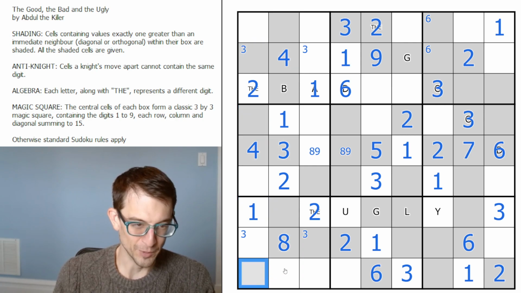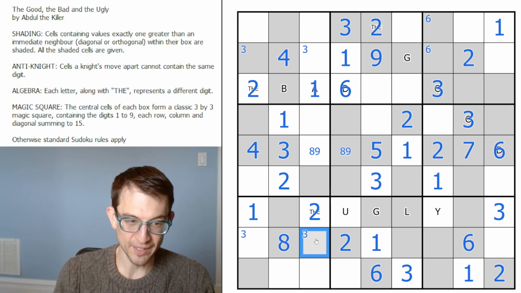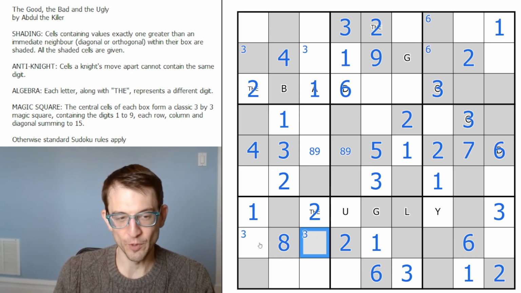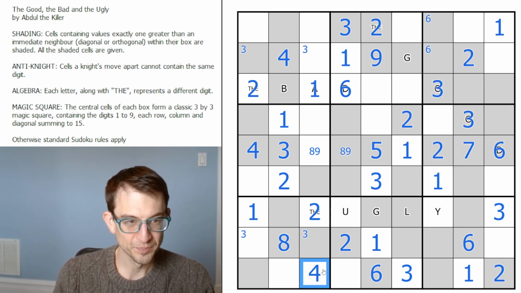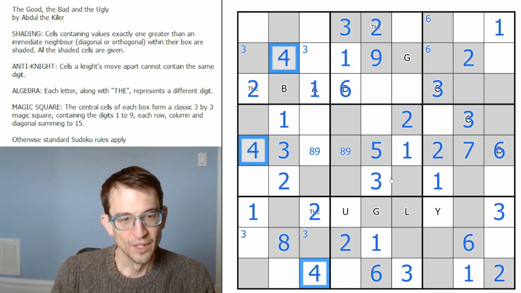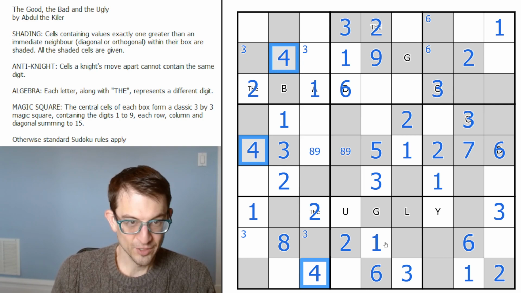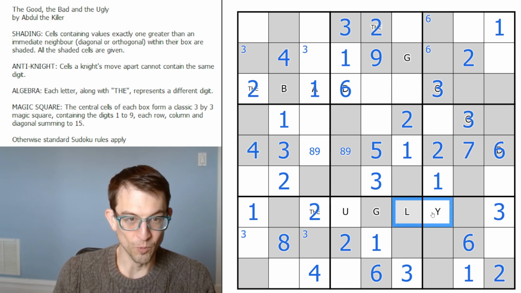That probably was intended. So now the 4 in box 7 can't be here, because if this is the 4, the 3 would be over here, and this would be shaded, so that would not work. So my 4 is here. Does that help me? So what letter is 4? So 4 can't be U, it can't be G, it can't be B. So it's either L or Y. Interesting.